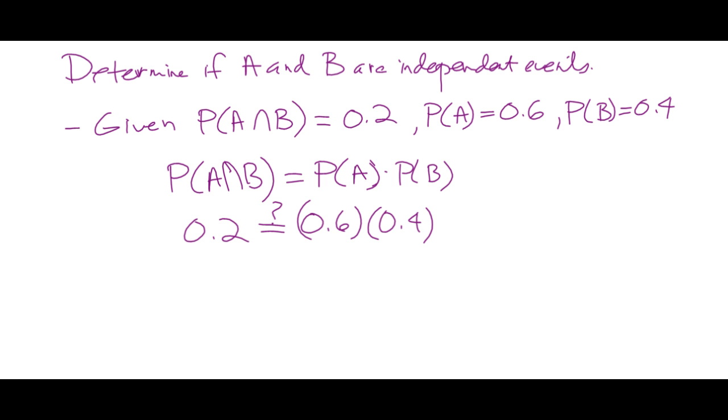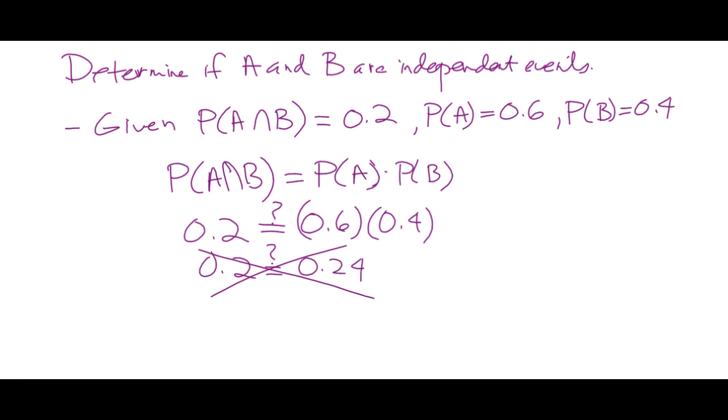Are they equal? So 0.2, is that equal to 0.24? And we say, no. So we say these are not independent events, right? If they were independent, then they have to satisfy this formula. The probability of A and B is P of A times P of B. That's not true in this case. So they are not independent.